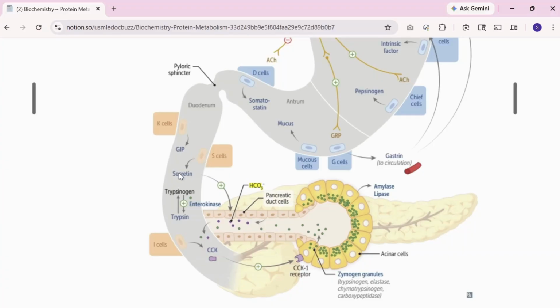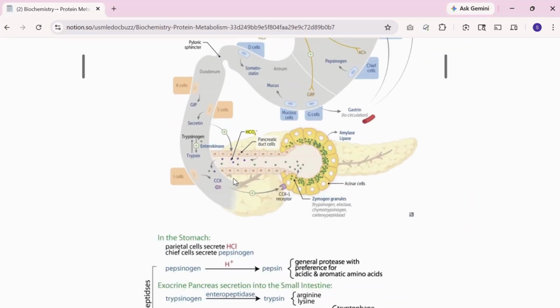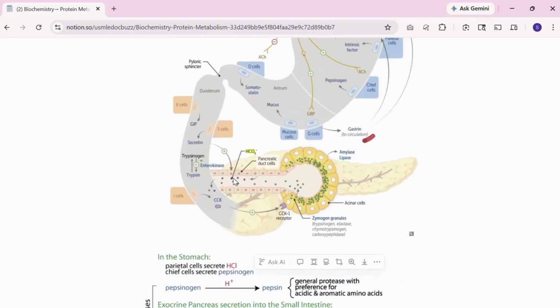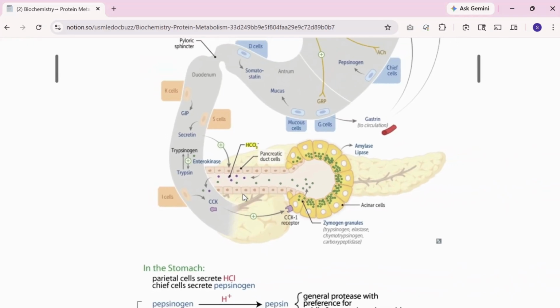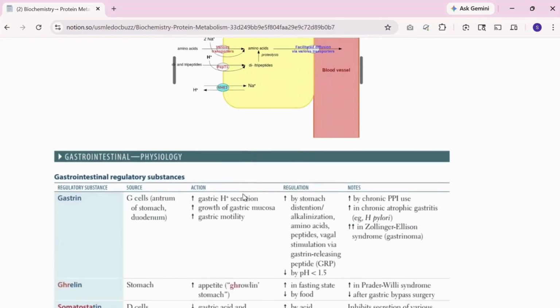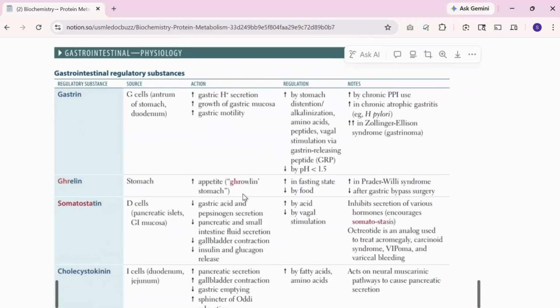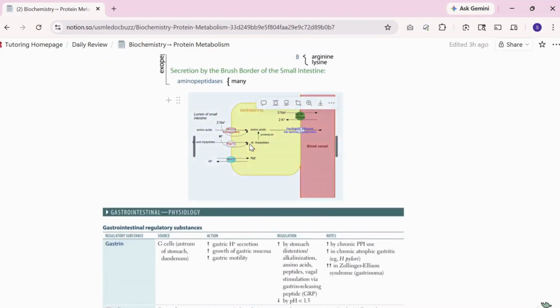Okay. Now, finally, when you destroy everything, you want to absorb it. So how do you absorb it? You have a sodium channel, a sodium amino acid co-transport that takes in amino acids. Okay, so are you going to absorb anything without the salt? No. You need some amount of sodium to absorb that. Okay, and eventually it's just facilitated diffusion that happens because of transporters, and it goes into your blood vessels, right?